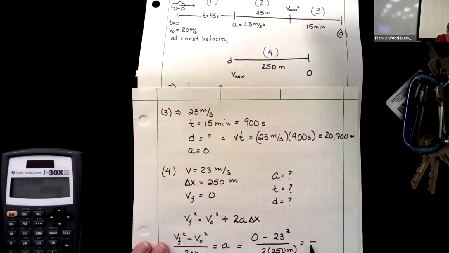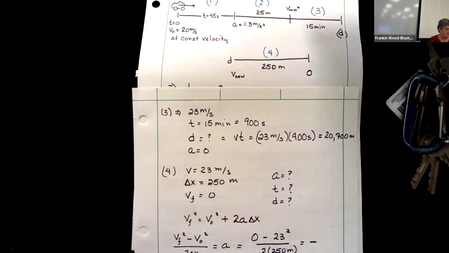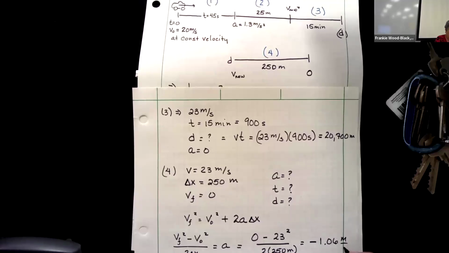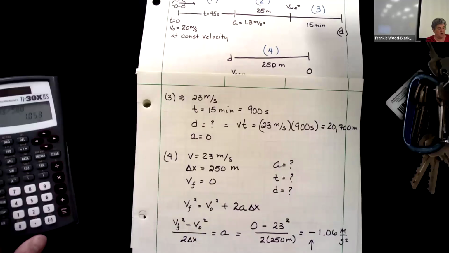And I end up with a negative 1.06 meters per second squared. And that negative tells me it's a deceleration, because I'm stopping. So that negative is important.